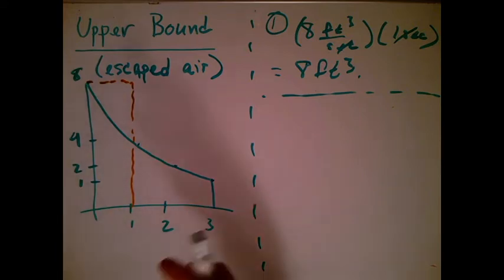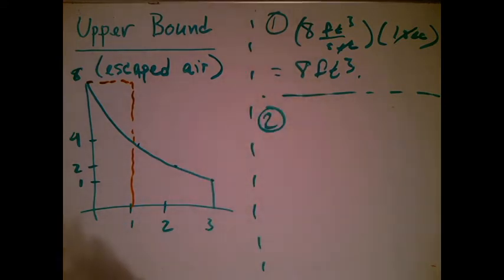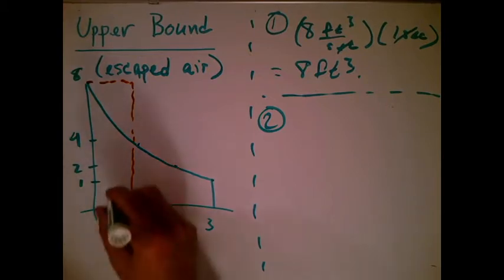Now, let's look at the second interval, in other words, the time interval that starts at t equals 1 second and ends at t equals 2 seconds. I'm looking for an upper bound, so in the time interval between t equals 1 and t equals 2, I'm looking for the fastest the air came out. Well, that's not 8, that's now 4.